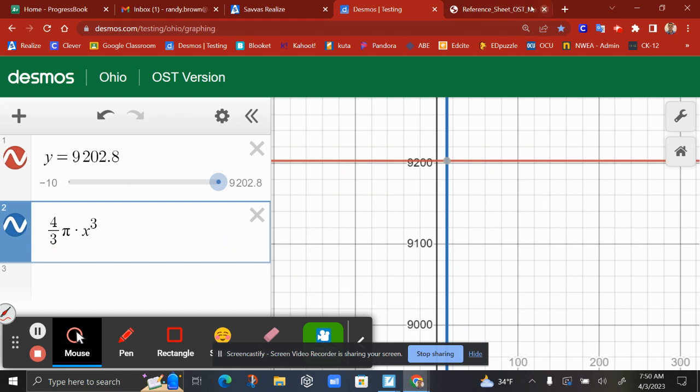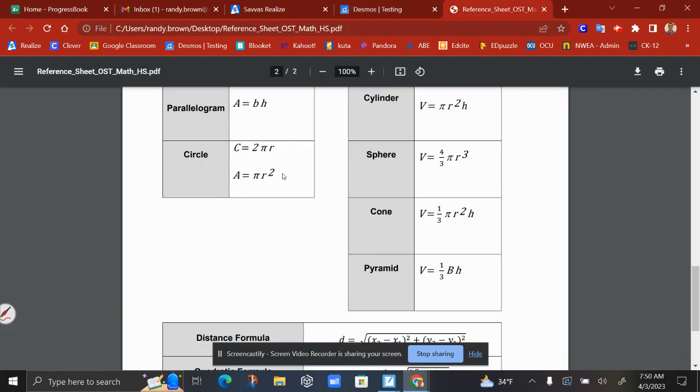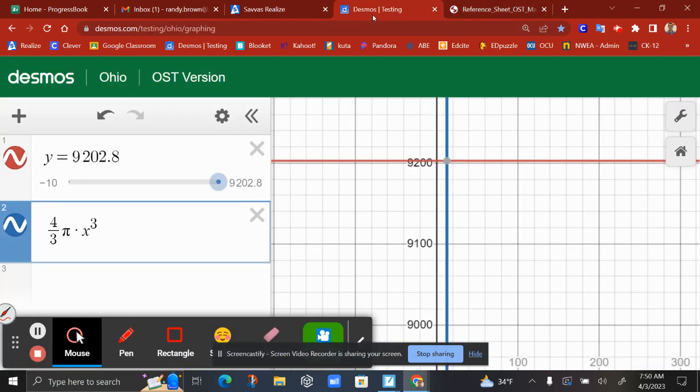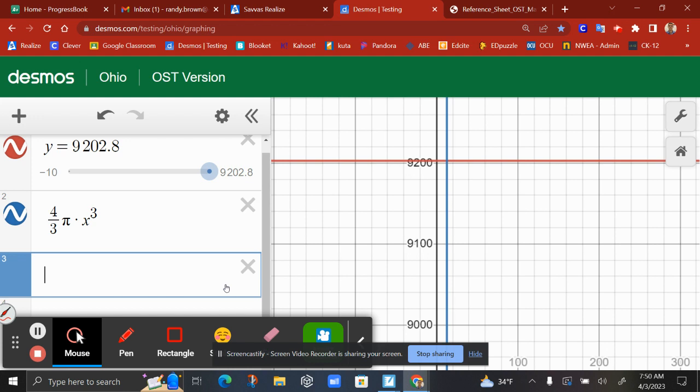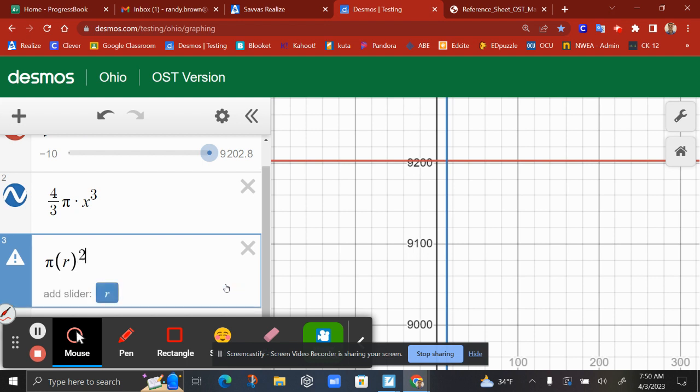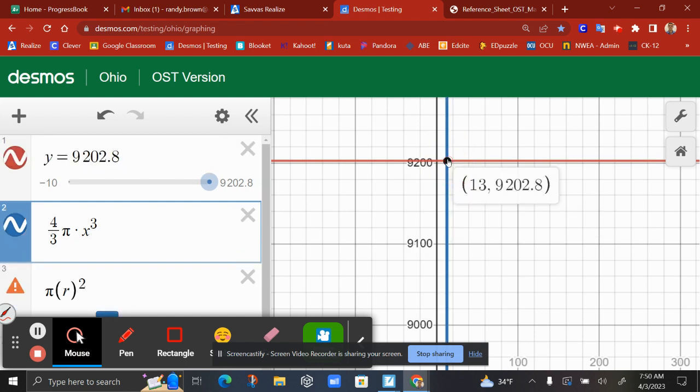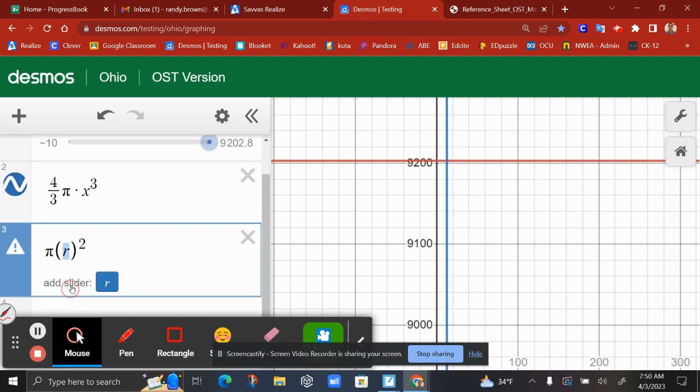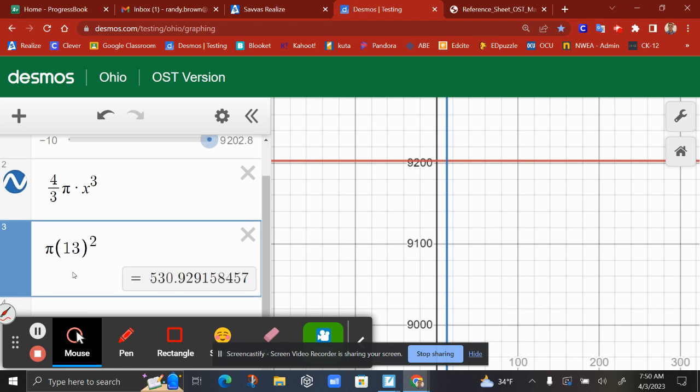So area of the circle, well, if you don't know it, you come up here, cross-section area, or 2 dimensions, so we're picking one of these, pi r squared. But we just found out our r is 13, so we're going to plug in 13.